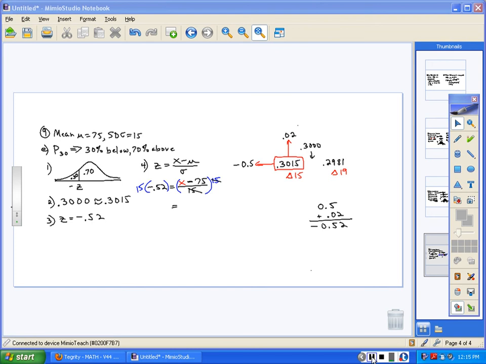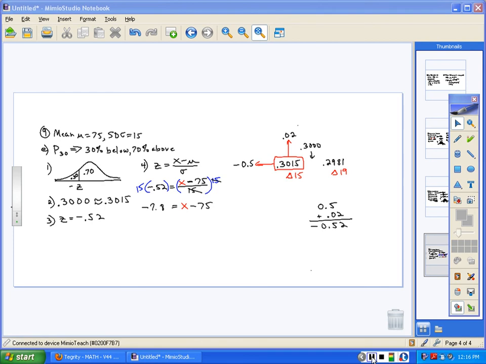And so what you get over there is x minus 75. And on the left side, you take your calculator and you multiply 15 times negative 0.52, and it turns out to be negative 7.8.